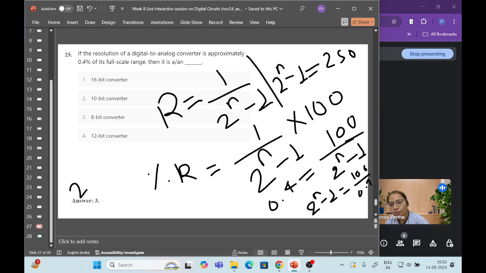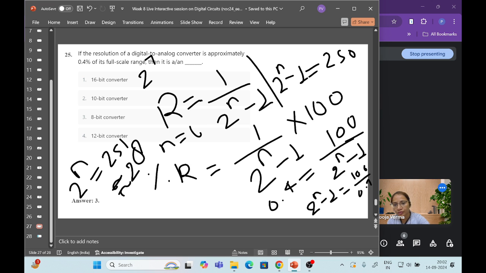So 2 to the power n is equal to 251, which is approximately 256. So 2 to the power 8. We can't take 2 to the power 7 because it is much less than 251. So n is equal to 8.